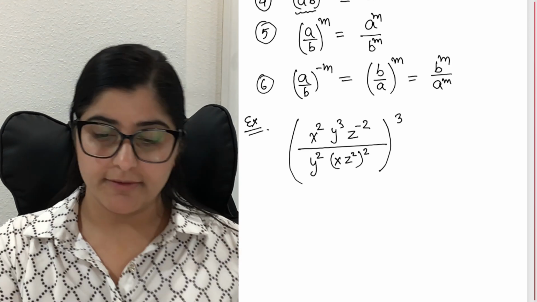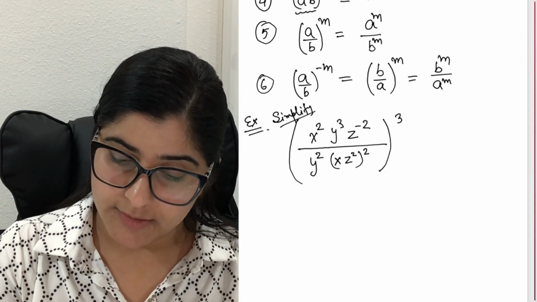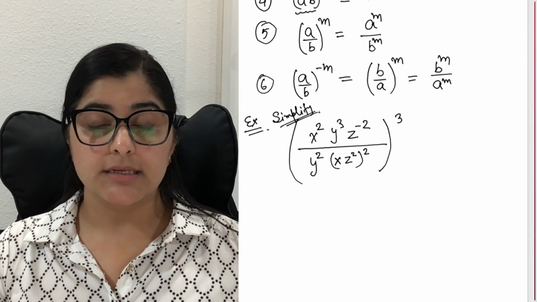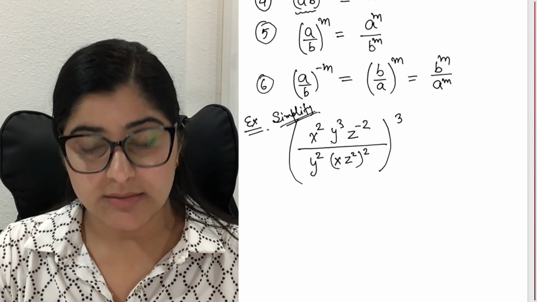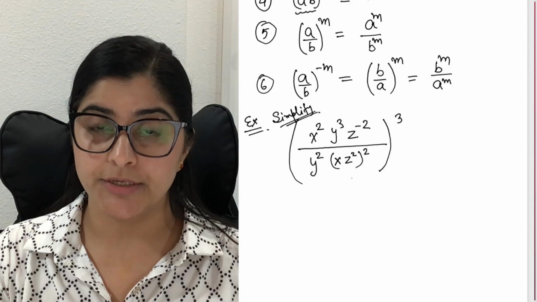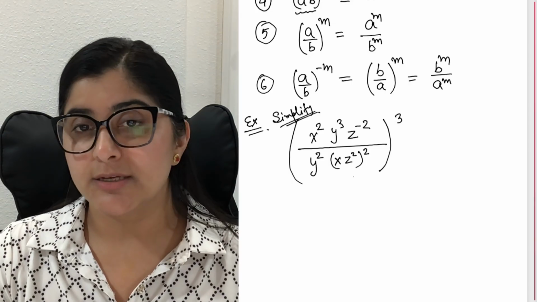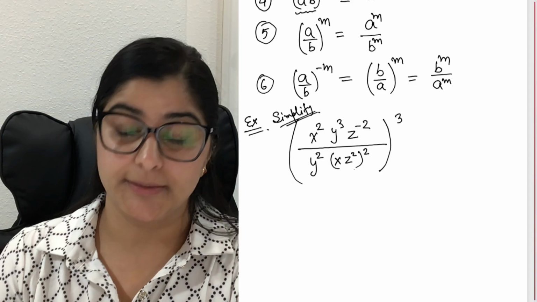So let's simplify this expression. Simplify means make it as simple as possible. So there are x's, y's and z's in the numerator as well as in the denominator. Try to write x, y and z only once by combining them together if possible.